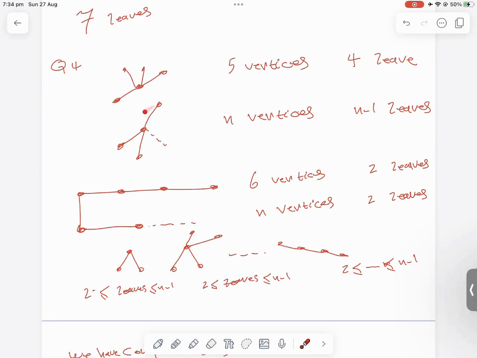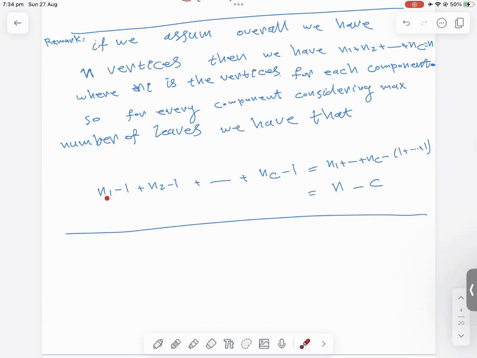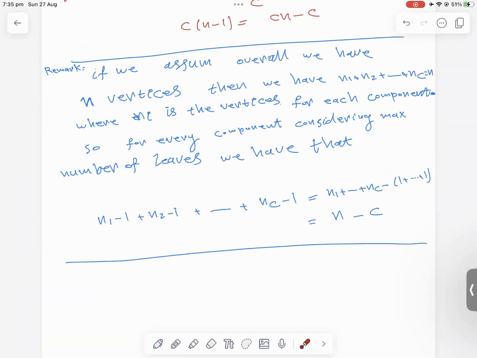So we will have n1 minus 1, n2 minus 1, plus so on until component number C. If we gather these together, it will be n1 plus n2 until n sub C, which is n, minus 1, C times, so minus C. So overall, we will have n minus C. This is true when we have n vertices for the whole forest.